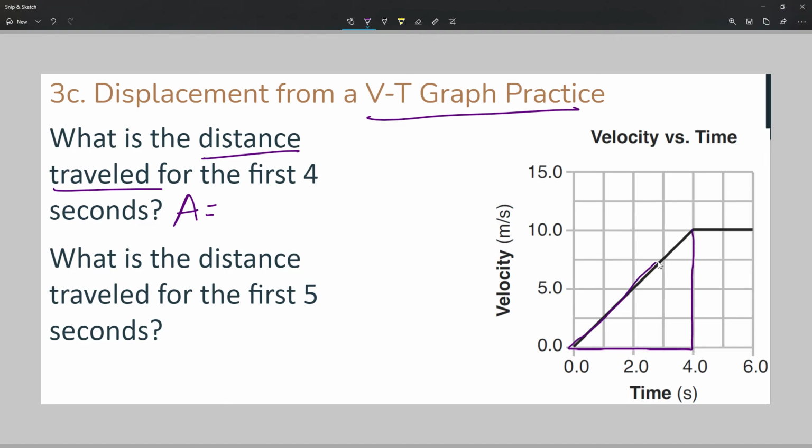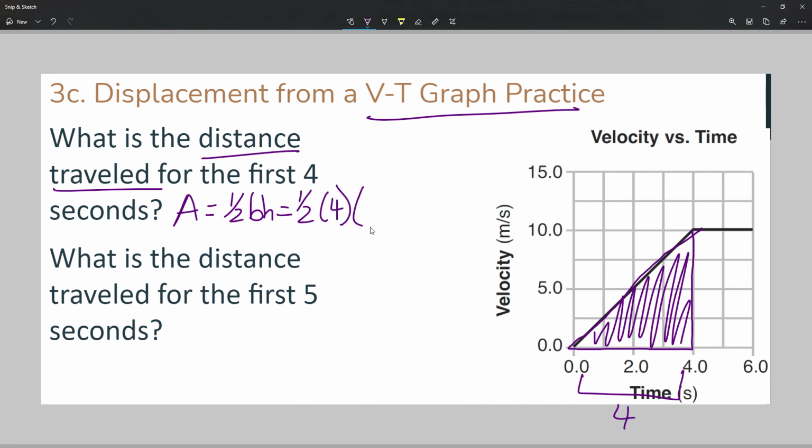The area of this triangle is 1/2 base times height. Your base is 4 and your height is 10, and so we get 20. That's the answer there.